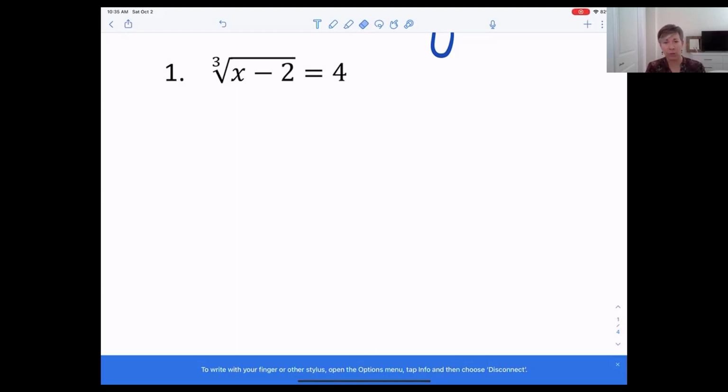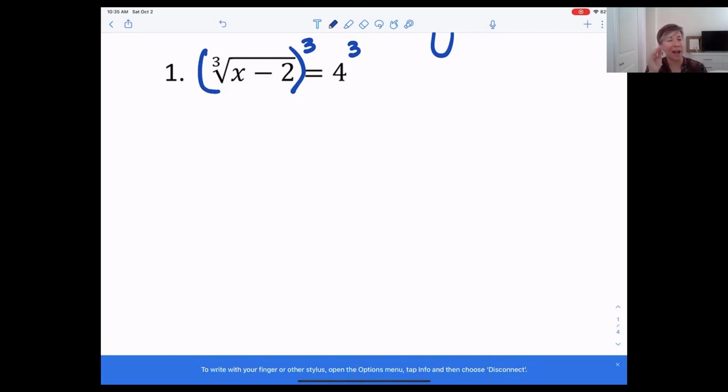Just like addition and subtraction are inverse operations, multiplication and division are inverse operations, radicals and powers, exponents, are inverse operations. So if you've got a cubed root, how to get rid of that is we're going to take the cube of both sides. And what that does is basically that cubed and that cubed root undo each other.